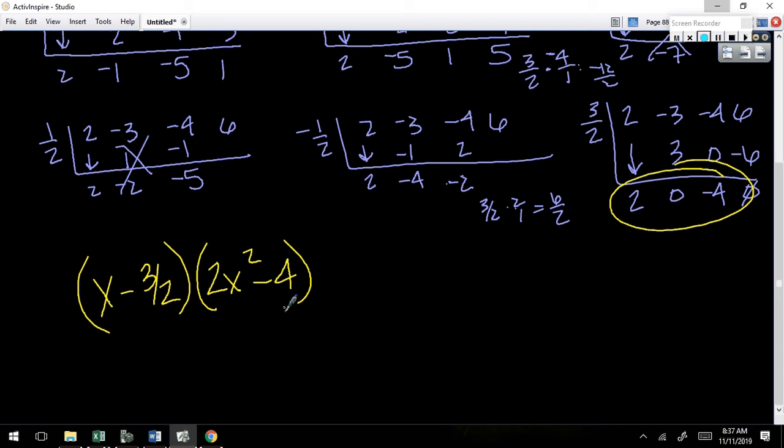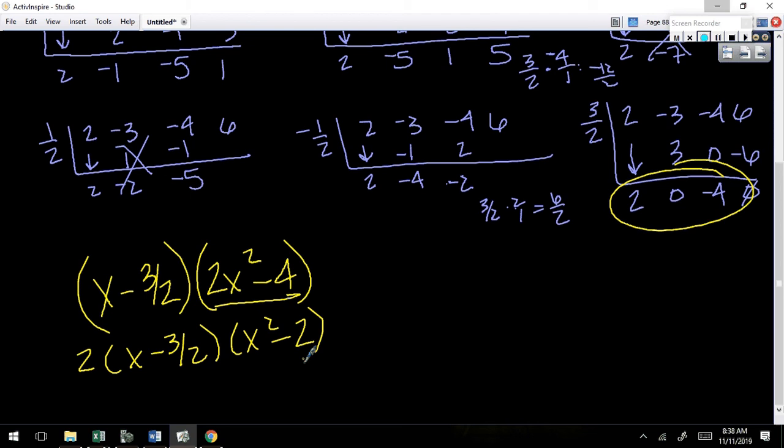So now it's downhill from here. What can you do here? Factor out a 2. So if I take a 2 out, I'm just going to put it in front of the whole problem. Now set everybody to 0 because I can't factor that x squared minus 2 any further.